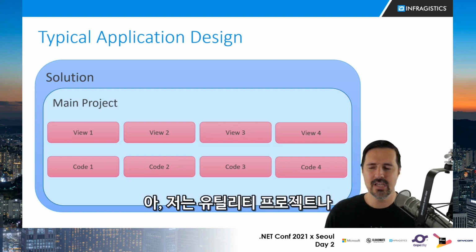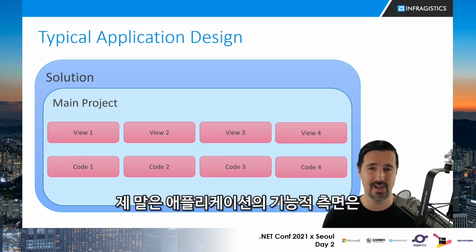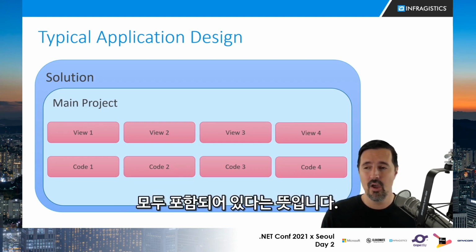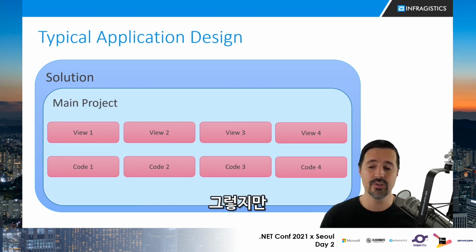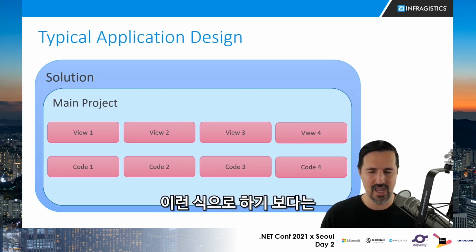Now, I'm not talking about, maybe you have a utility project, or maybe you have some business objects in another project. I mean, the functional aspects of this application are all in one big, huge project, normally structured out with different folders, and so this is not how we want to write applications. Okay, we do not want to do this.